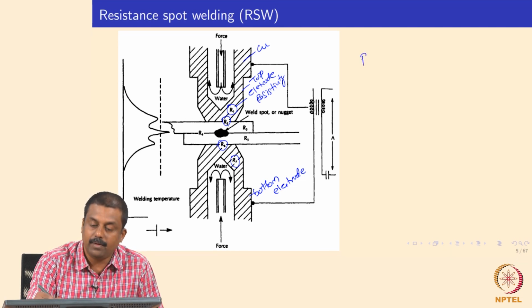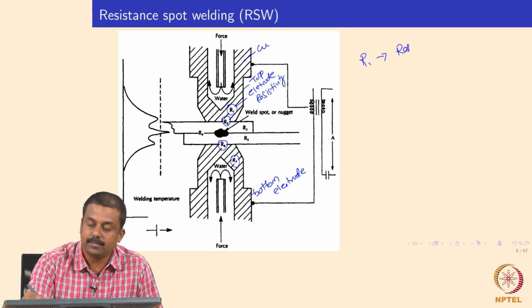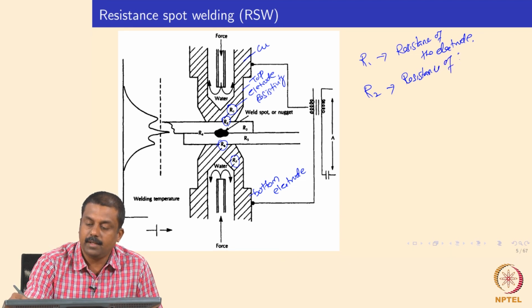So R1 is the resistance of the electrode, R2 is the resistance of the interface between the electrode and the sheet interface.